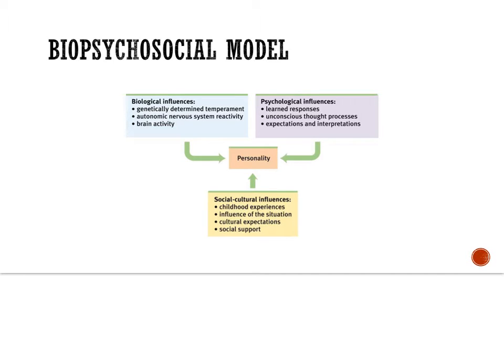And then we also know that our autonomic nervous system tends to be very reactive if we're introverts. And if you think about that, our autonomic nervous system, part of that is your sympathetic nervous system, where your adrenaline rushes and your heart starts beating really quickly. And so someone who is an introvert, if they are in a social gathering, they might have a sympathetic nervous system that kicks into high gear.